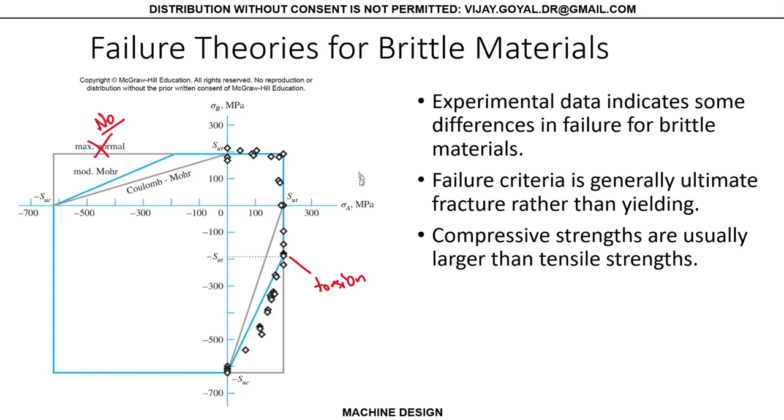From the test data, Coulomb-Mohr is always the most conservative one. However, it's not worth adding that extra restriction to the problem. All my test data says this is where my data points are. So modified Coulomb-Mohr is the one that we really like to use, and that's the one that we strongly recommend for brittle materials.